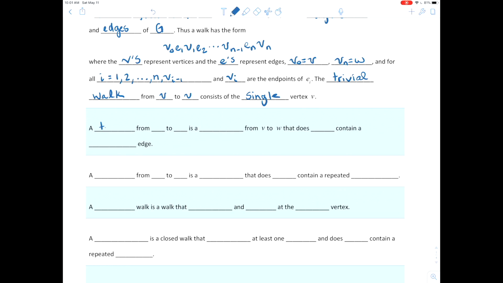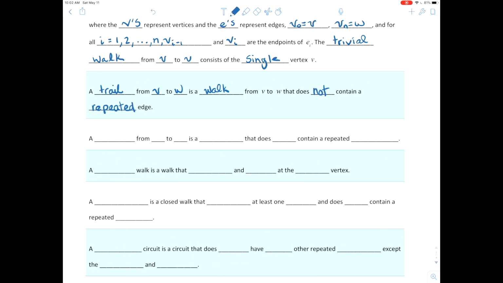Okay, a trail from V to W is a walk from V to W that does not contain a repeated edge, right? Next up, a path.